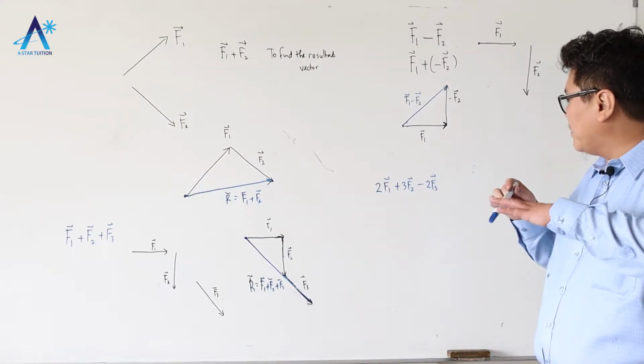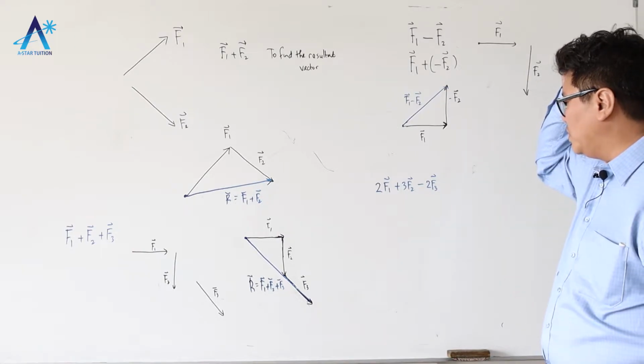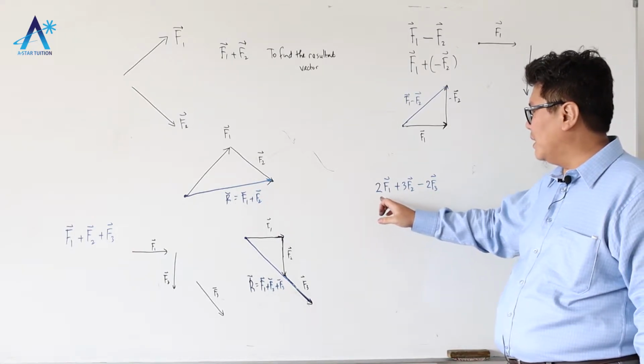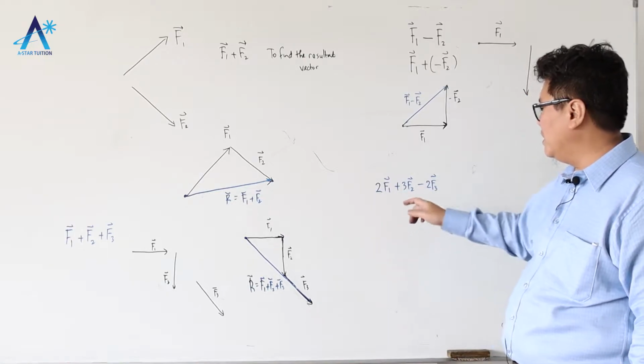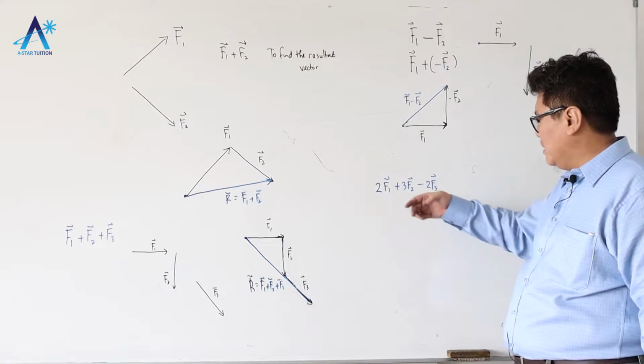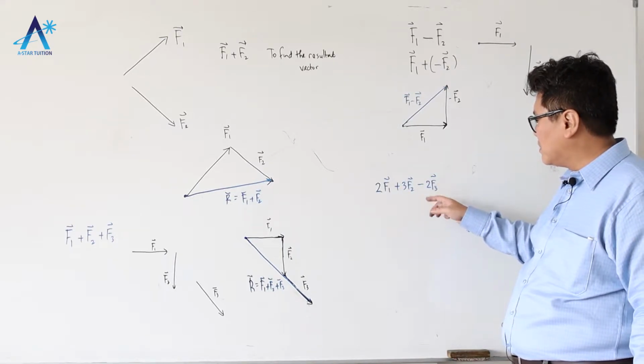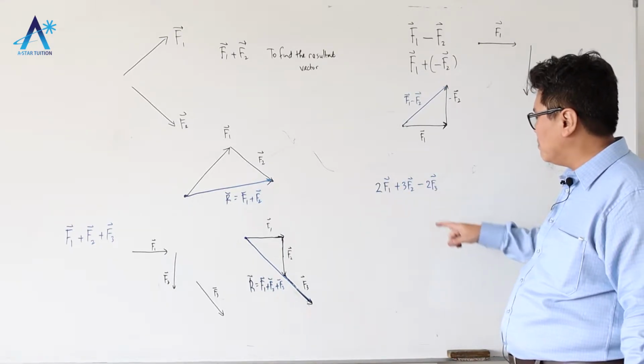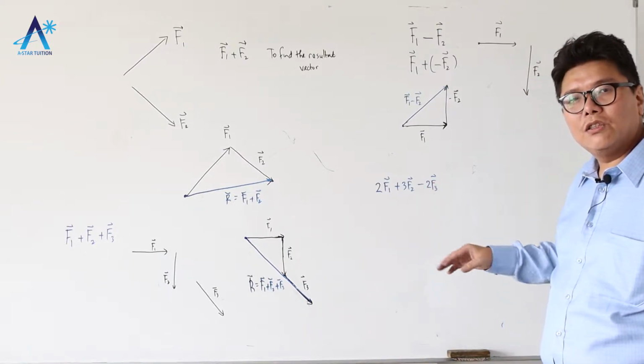So if you are given the vectors, you need to scale each by the coefficient, and for f3 not only do you scale it to twice the magnitude, but the direction also needs to be flipped.